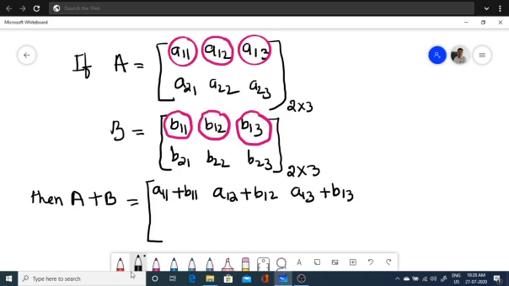So we have added the elements of the first row of A and B. Now add the elements of the second row of A and B. So by adding this, the corresponding element of A21 is B21 in the second matrix, and A22 plus B22 and A23 plus B23. That is how we can add the two matrices.